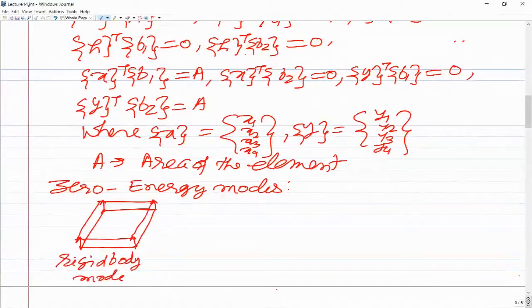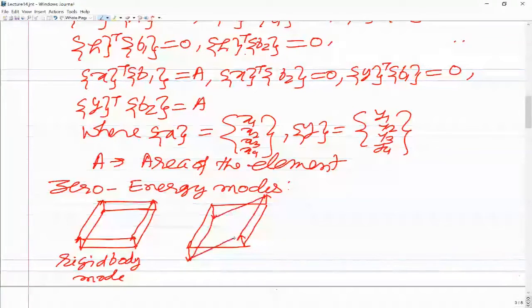And now if you look at the bending modes, the constant curvature modes, let us say in one case we have rotation about y axis. Originally the element is like this, and because of the rotation, on one side w would be positive, on the other side w would be negative, so the deformed shape of the element is going to be like this.